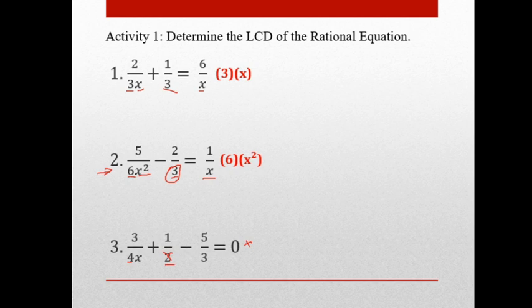How about 3? Is 3 a factor of 4? Hindi. So, kailangan pa natin siyang isulat. So, aside from 4 na pinakamalaking number, ang isusulat pa natin ay 3. So, pag sinimplify natin yung x times 4 times 3, ang magiging final answer natin for number 3 is 12x. Okay?